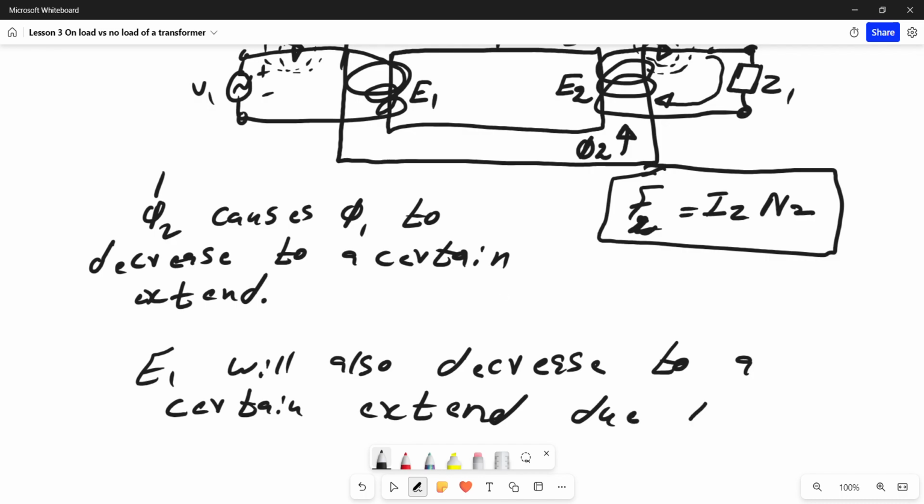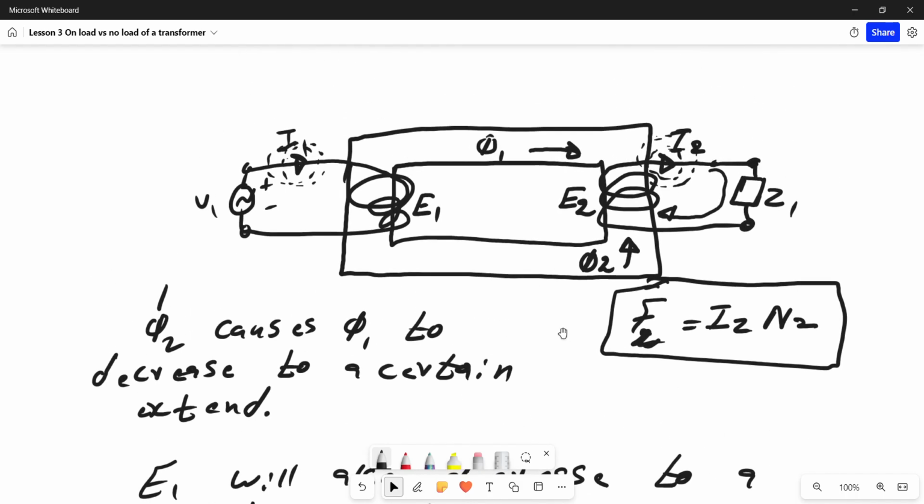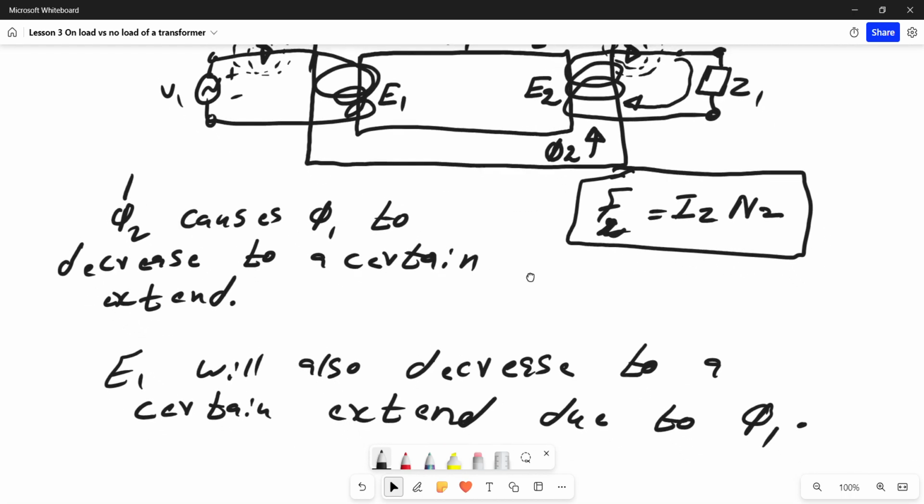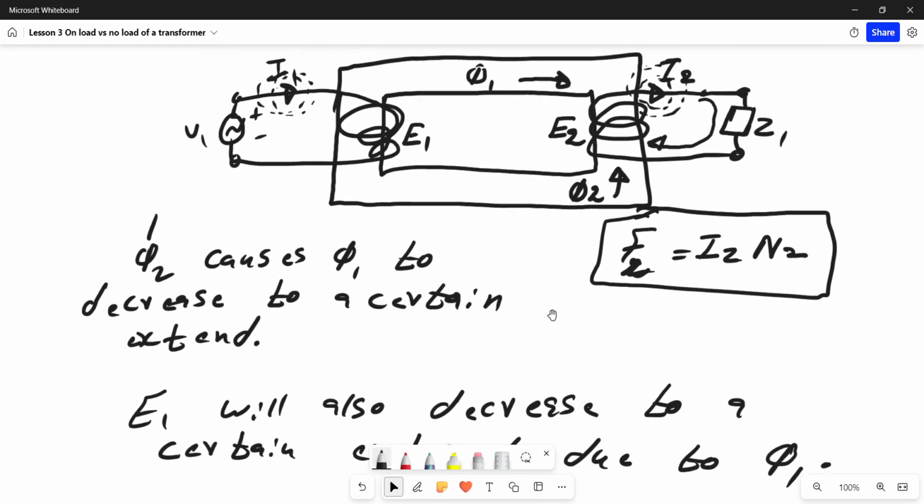Remember, the reason E1 is decreasing is because flux 1 is decreasing, and flux 1 has caused E1 to be available. So E1 is dependent on flux 1. That's why E1 decreases, because flux 1 is decreasing. So they will both decrease to a certain extent.